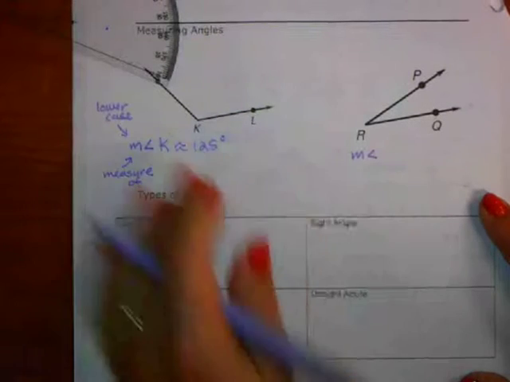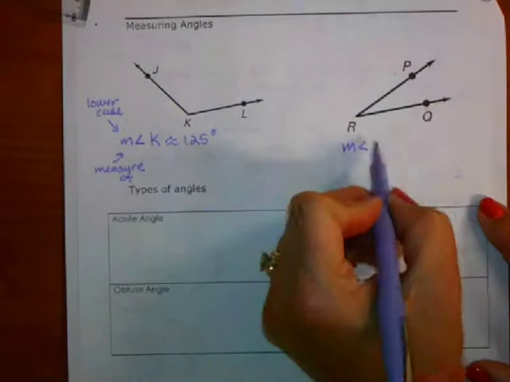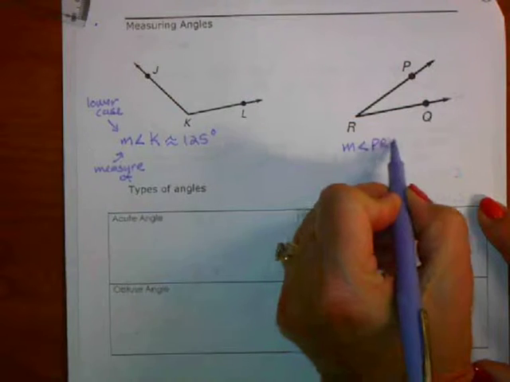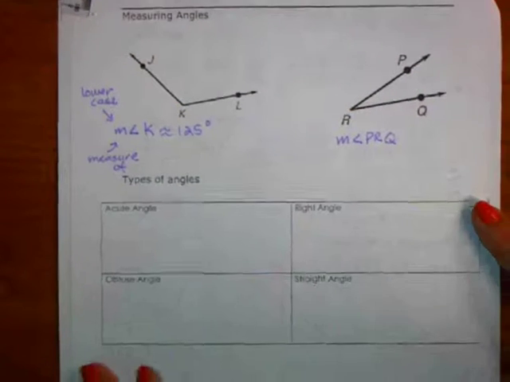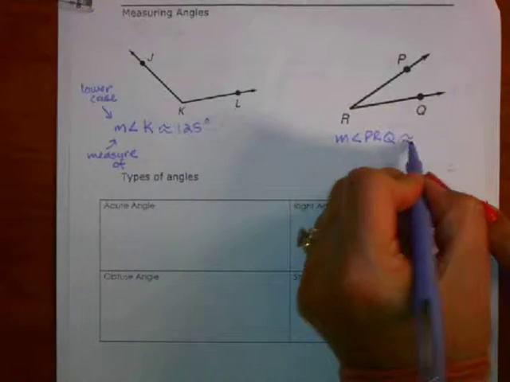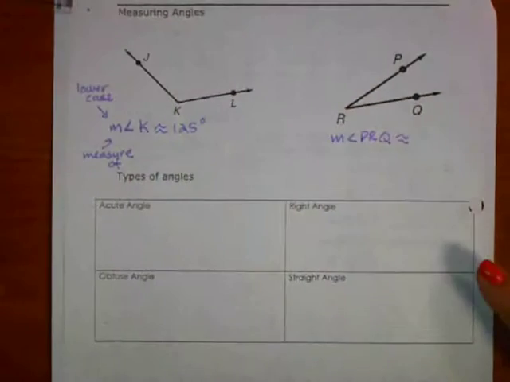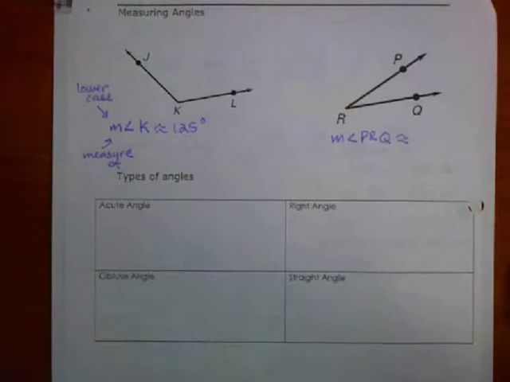Okay, I want you to do this one on your own. I'm going to name it PRQ. You could name it angle R as well. It doesn't matter. Measure that one. See what you get. Measure it on your own.